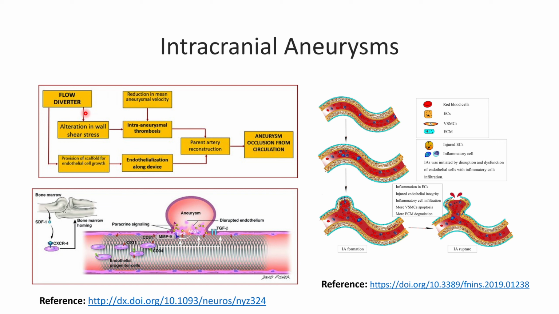We need to divert the flow so that the intracranial aneurysm gets isolated, and this can be done by introducing a scaffold that will prevent the flow into the aneurysm by controlling paracrine signals. Paracrine signals are signals that affect the nearby cells, and we control them so that they do not go in the direction of the aneurysm.